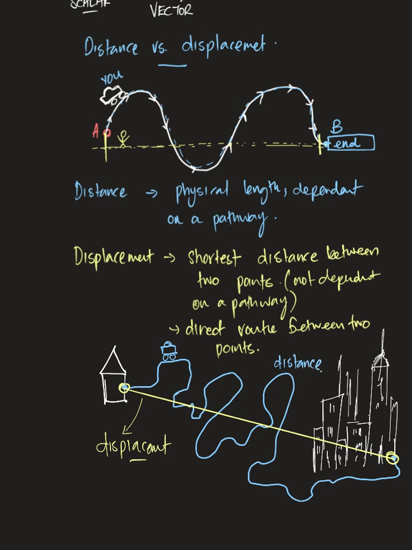Did I go from home to the city for both trips? Yes. Did I take 2 different pathways? Yes. The one pathway was dependent on the roads and the traffic and so on, and the other pathway was a direct pathway between home, which is there, and the city, which is over there. So that is the difference between distance and displacement.